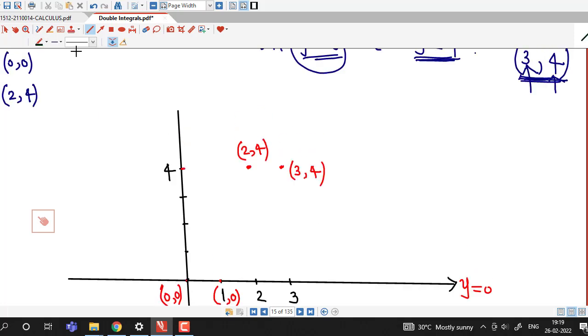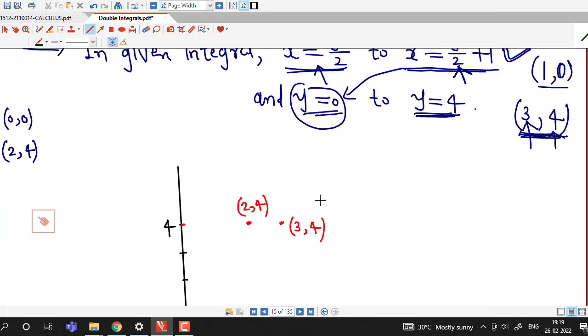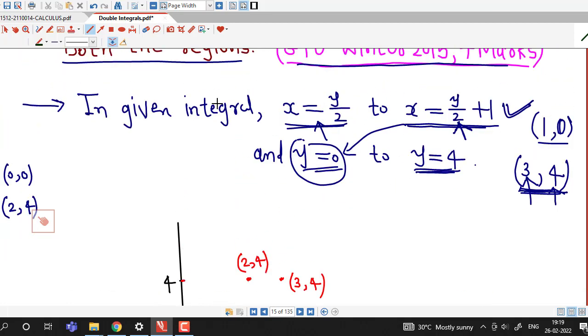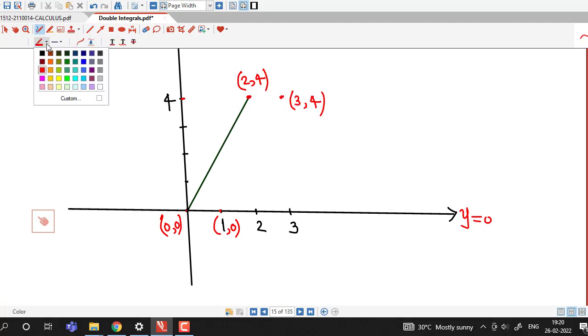Okay, fine. So once we write down the intersecting points, now we can see one curve is y equal to 0, that is the x-axis, then x equal to y by 2. x equal to y by 2 will pass through (0, 0) and (2, 4). So we can join these 2 points, (0, 0) and (2, 4). So this is x equal to y by 2.